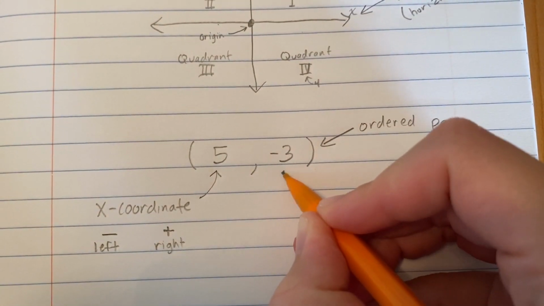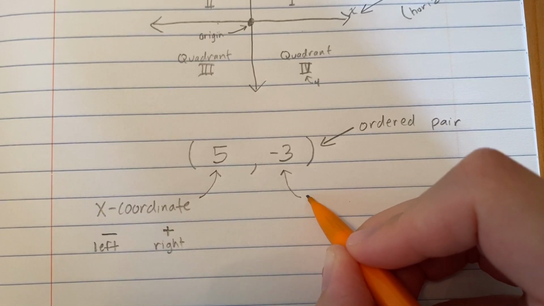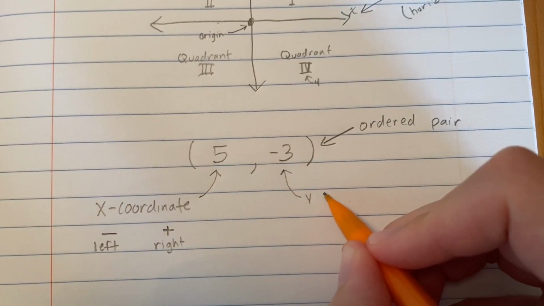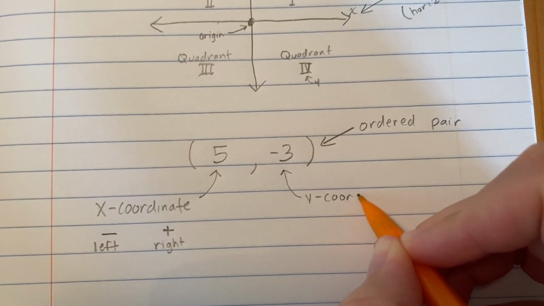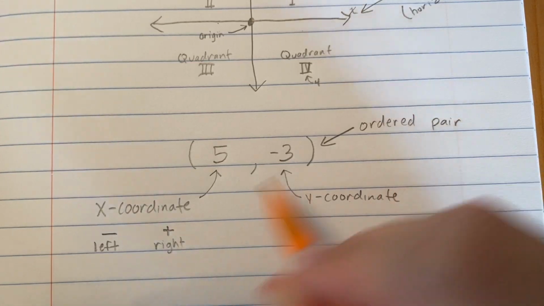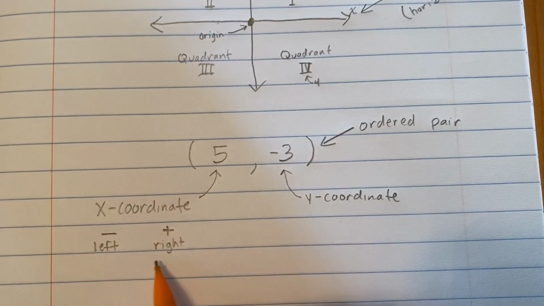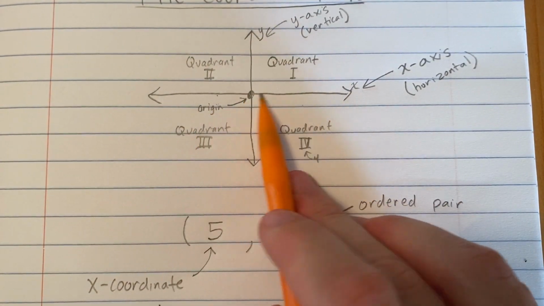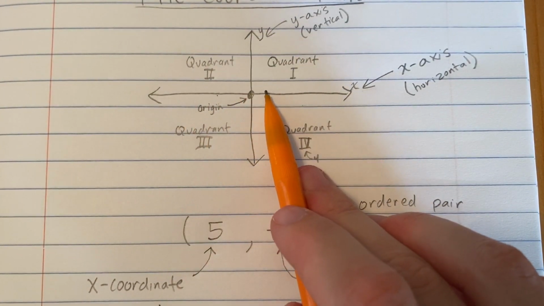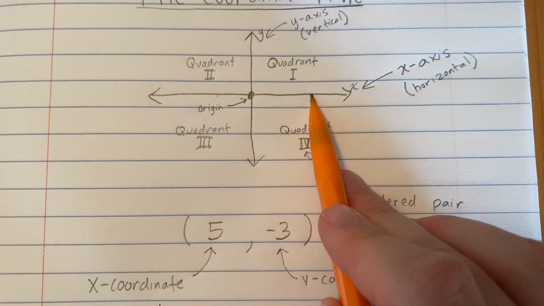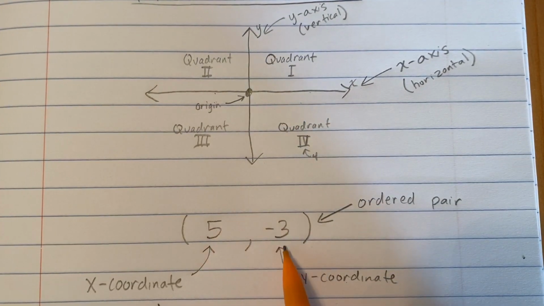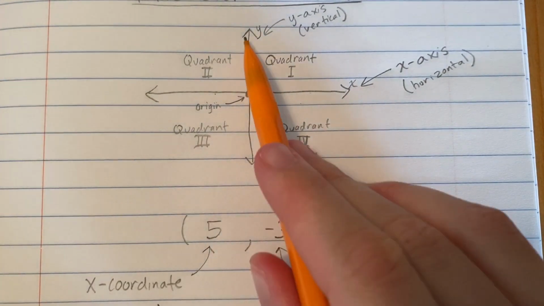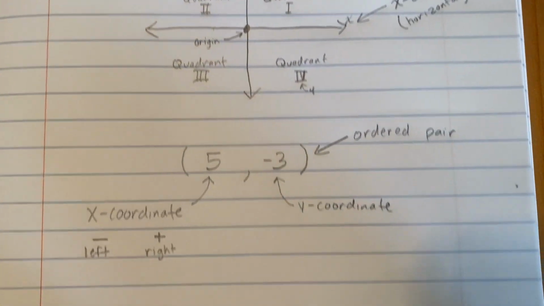This number right here, the one on the right in the ordered pair, right, because it has to be in order, is called the y-coordinate. Now remember, this number told me where to go left and right, where to go on the x-axis, right? So if you see a graph, sometimes it'll be labeled. This would be the x-axis. So let's say this was 1, 2, 3, 4, 5, right? This would tell me to go to 5 on the x-axis. Now this y-coordinate tells me where to go up and down on the y-axis.